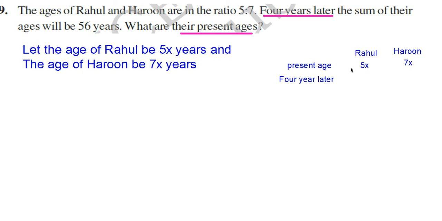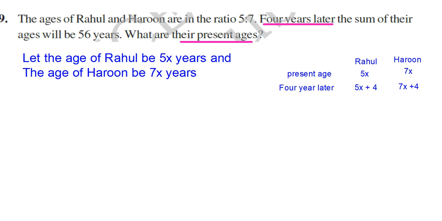Now what is the age of Rahul after 4 years? 4 years later means after 4 years. So it will be 5x plus 4. Now what is Haroon's age after 4 years? It is 7x plus 4.